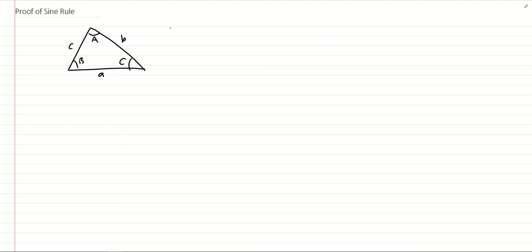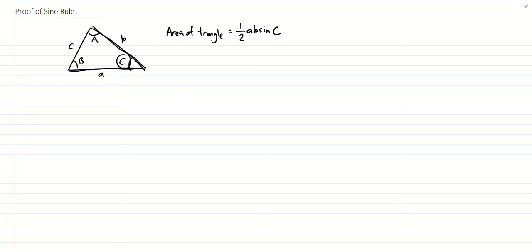So we know for a fact the area of the triangle is given by half AB sine C. So that means if we take this particular length and this length, and we take this angle over here, the area of the triangle will be given by half AB sine C.